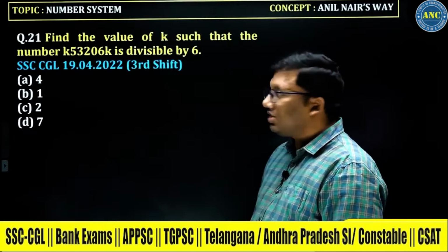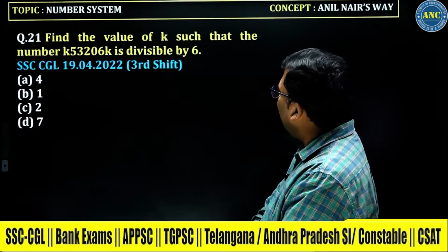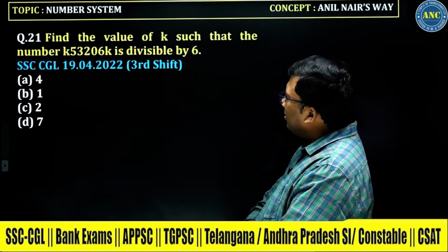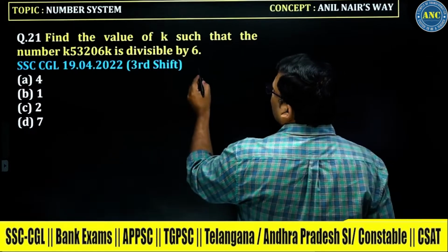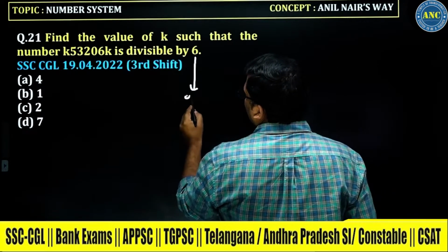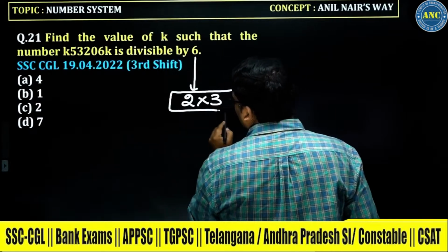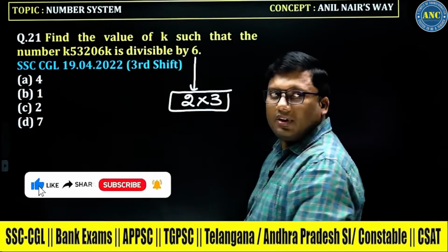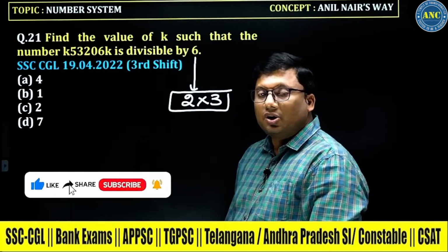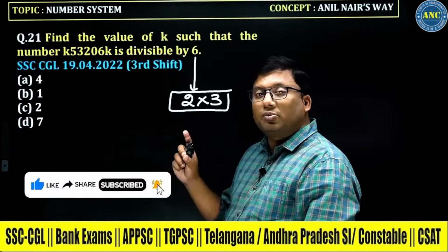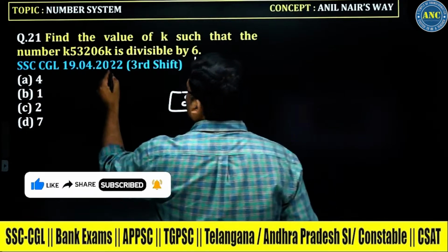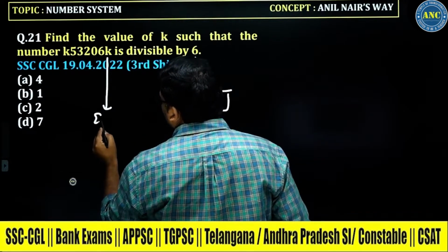21st question. See here, sir. What is the value of K such that this number is divisible by 6? 6 is a composite number. It should be divisible by 2 and 3. For a number to be divisible by 2, K should be an even digit.